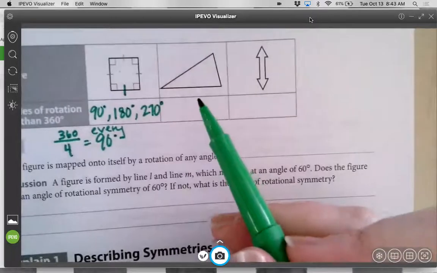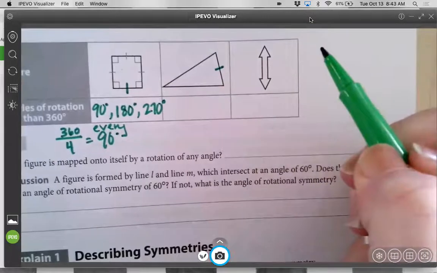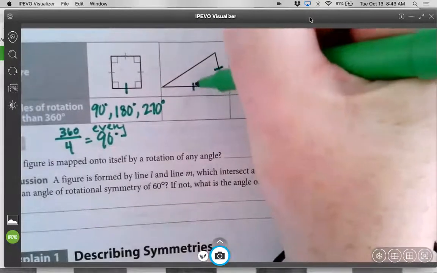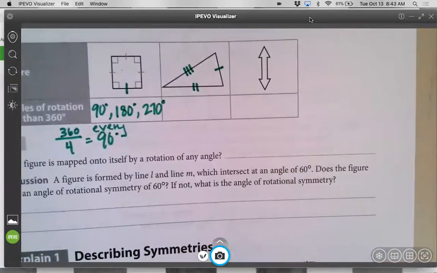Okay, this is that same triangle that I didn't like the first time, and I don't like it here either, but we're going to go ahead and make the same markings. That's our short side. Here's our medium side. Here's our long side. How many matching parts on this triangle do we have? Oh.